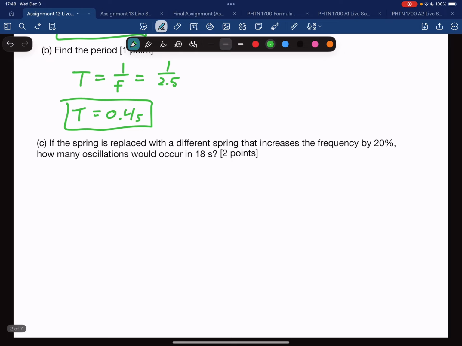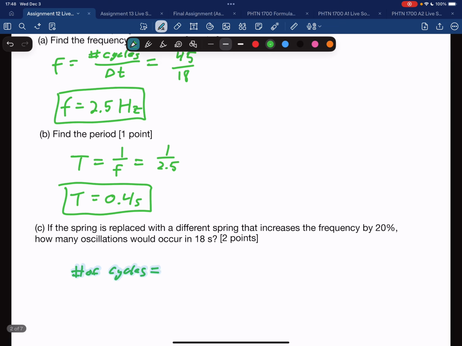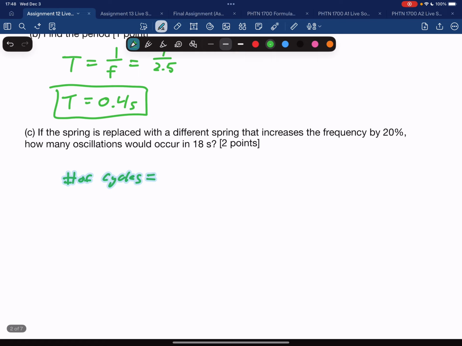C. If the spring is replaced with a different spring that increases the frequency by 20%, how many oscillations would occur in 18 seconds? So, how many oscillations is also known as the number of cycles. And rearranging the equation I used above with frequency, number of cycles, and delta t, for number of cycles, this is equal to frequency times delta t.